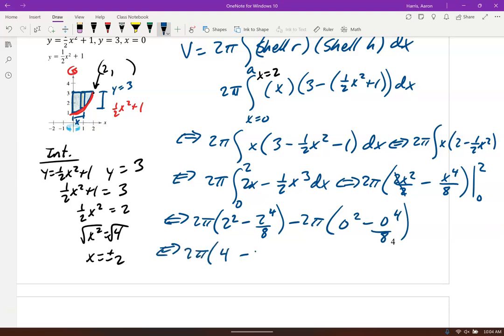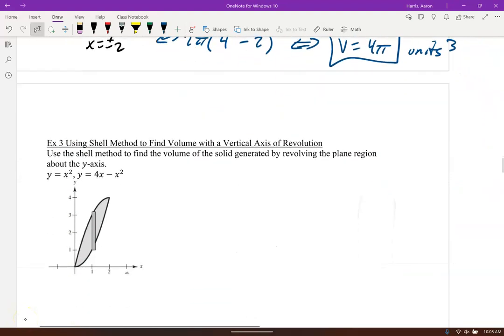Four minus 16 over 8 is 2. So it looks like we got 4 pi units cubed.